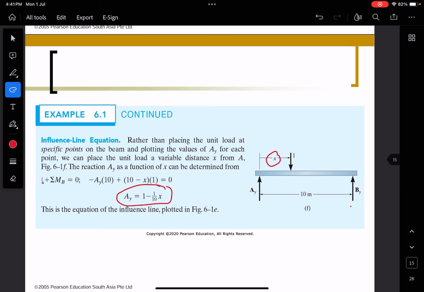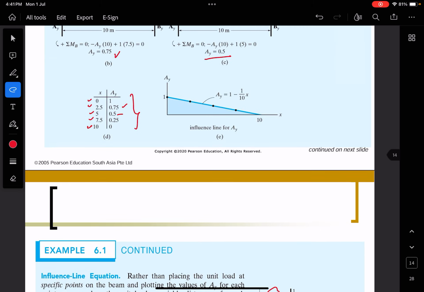So by putting, let's say you want to move 1 unit at 2.5. So you just substitute AY equal to 1 over 10, minus, multiply with 2.5. Then you can have 0.75. Yeah. So you can check the result is still the same.